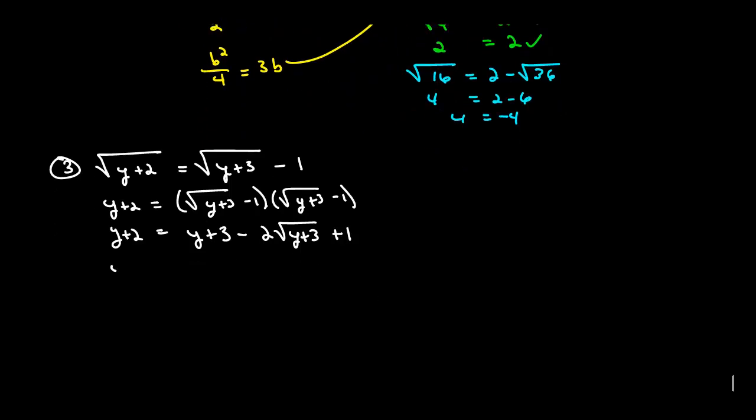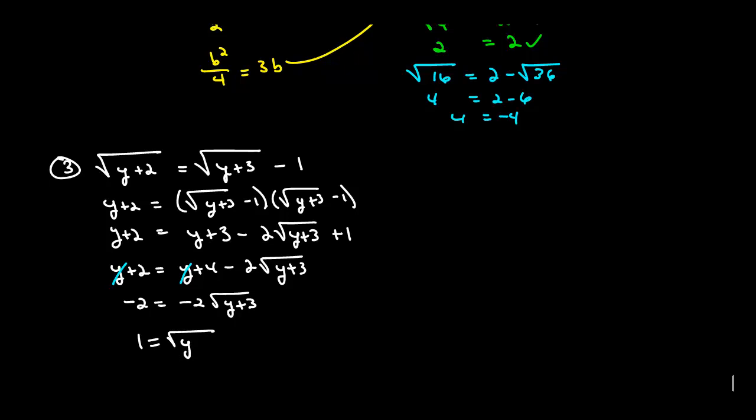So that gives us y plus 2 is equal to y plus 4 minus 2 times the square root of y plus 3. So the y's cancel, and if I move the 4 over, I get negative 2 is equal to negative 2 square roots of y plus 3. Divide both sides by negative 2. I get 1 is equal to the square root of y plus 3.